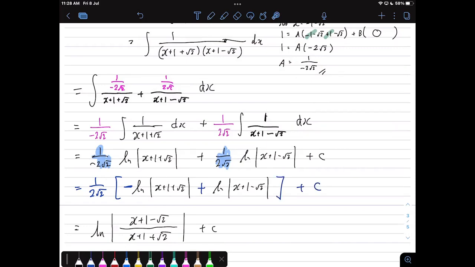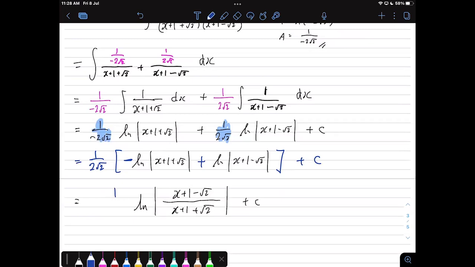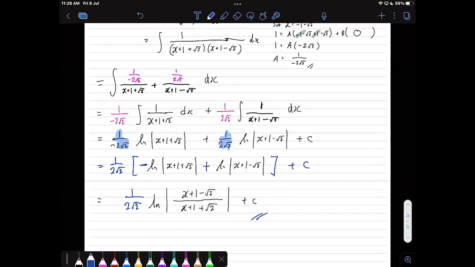Technically if I factor out, then the c may be a factor. Oh wait, actually the c is not a factor. So just leave the c alone. Just write down plus c all the time. Then after that, this one combined, you get a positive term on top, then the negative one below. And then in the front, you get a 1 over 2 root 2. Answer. Okay, you could have used the formula and you get the same result straight away, but I'm a bit afraid of using the formula.